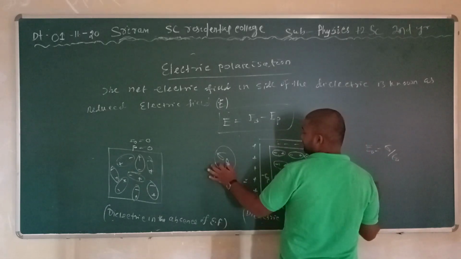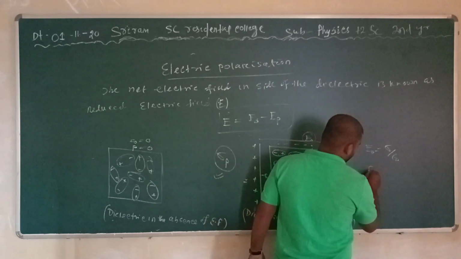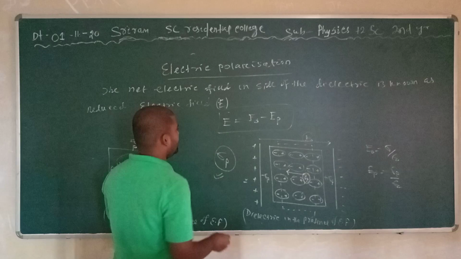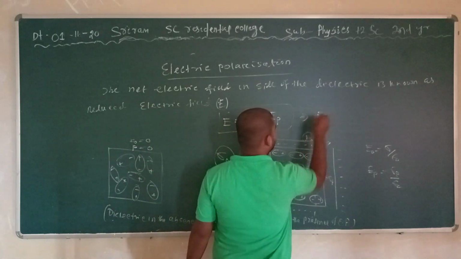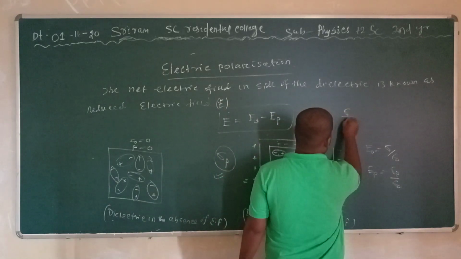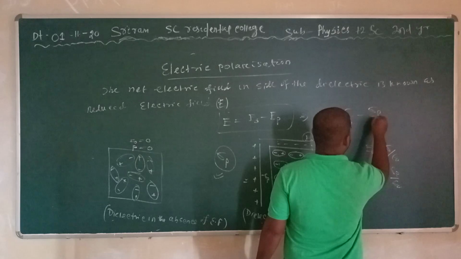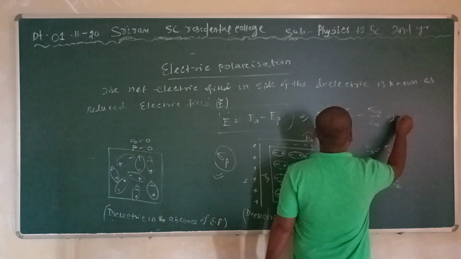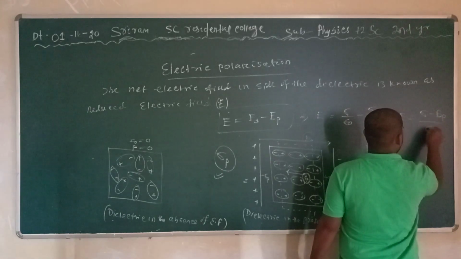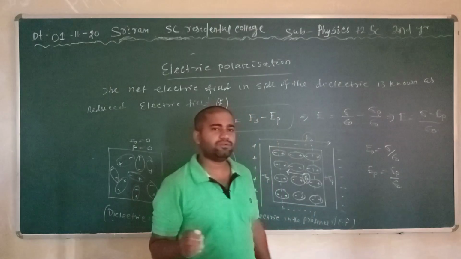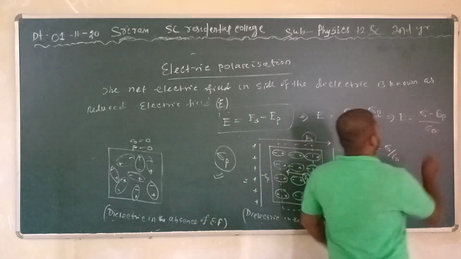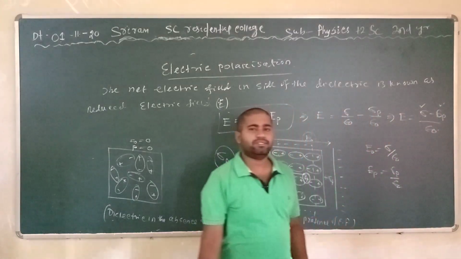And if sigma p is the polarized surface charge density, then EP equals sigma p by epsilon naught. So we can write the reduced electric field E equals sigma by epsilon naught minus sigma p by epsilon naught, that is E equals sigma minus sigma p divided by epsilon naught. This gives an expression of electric field in terms of surface charge density and induced surface charge density.